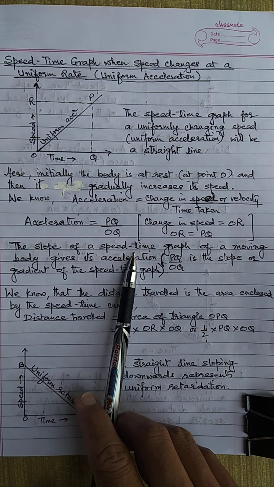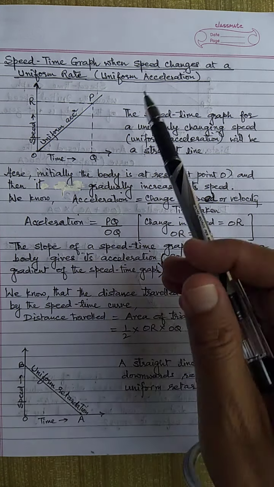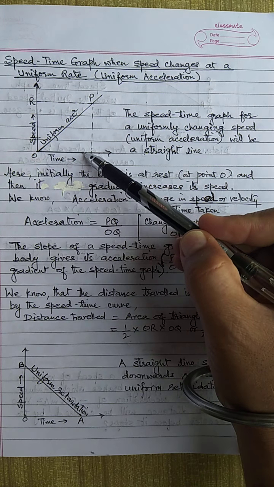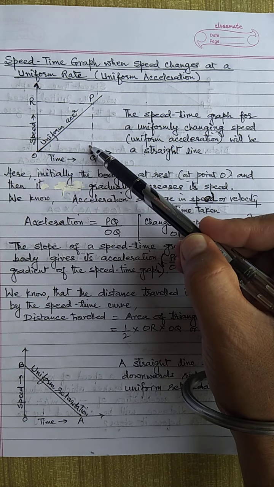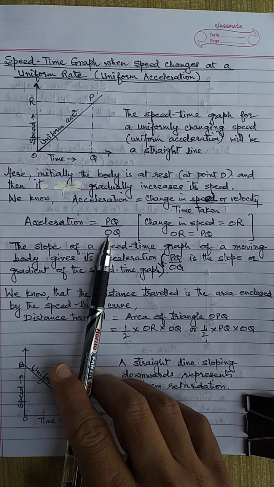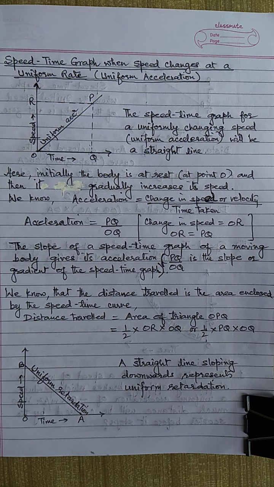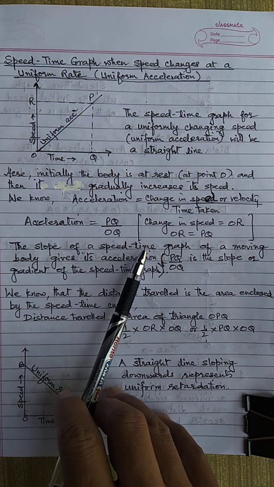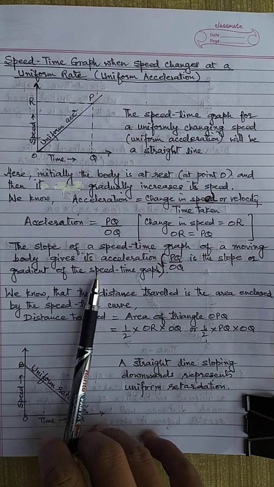The slope of a speed time graph, we have already done that PQ divided by OQ, perpendicular upon base, is the slope. So in a speed time graph, if we have to find the acceleration, we can find the slope.